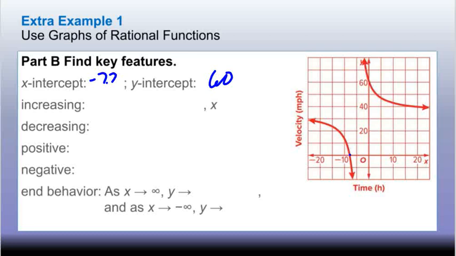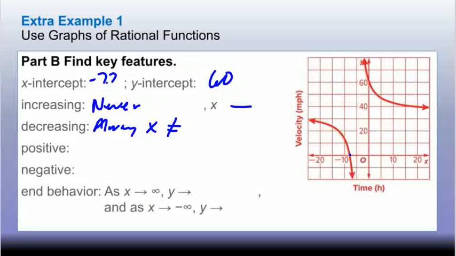Increasing, never. And decreasing, always, except for when x equals negative 4.5. Positive, when is it above the x-axis?